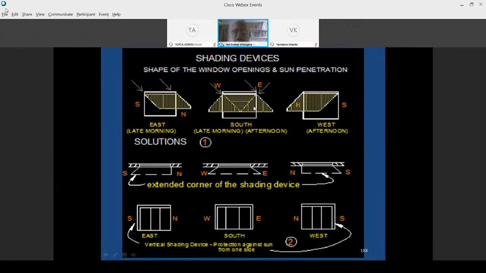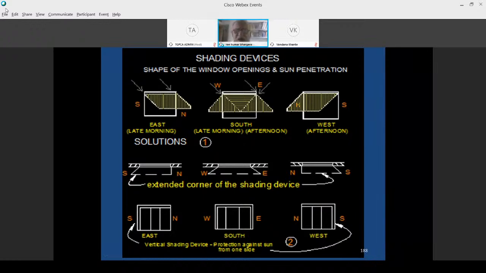Then friend, for a window facing west, the triangular portion towards south will remain exposed to solar radiation, inviting heat gain. It is when we are using normal horizontal shading devices.